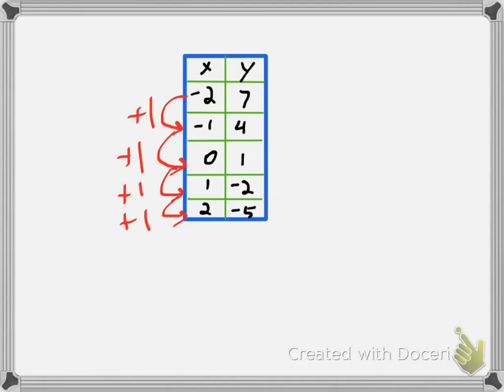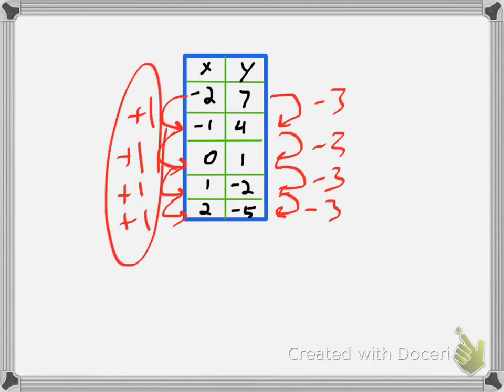Now let's check out the other side. 7 to 4 is -3. 4 to 1, -3. 1 to -2, -3. And -2 to -5, -3. Since all of these change, and all of these change at the same rate, then this is considered a linear function.